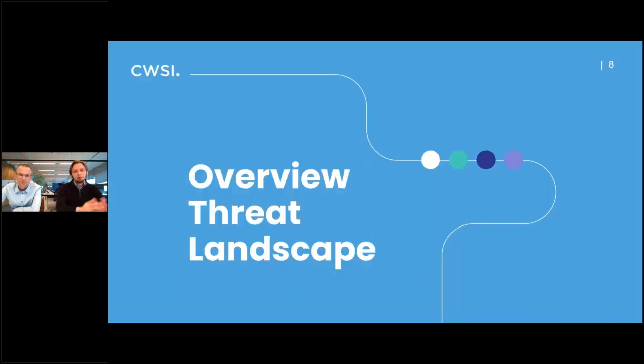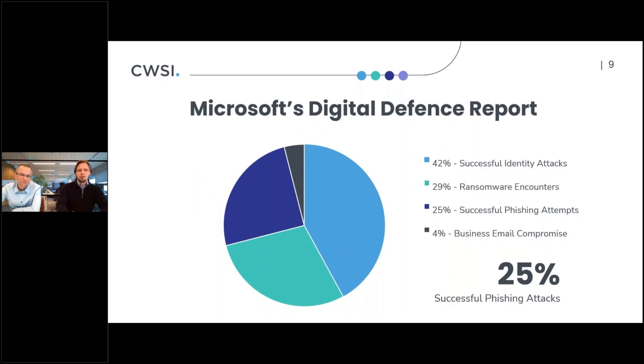So like Tim said, we first want to start with an overview of the threat landscape to give you an idea about what threats there are and why attack simulation training or security awareness training in general is very important nowadays. So just to get one grasp from the Microsoft Digital Defense Report about phishing, you can see here that 25% of phishing attempts is successful, which is a huge amount if you look at the total amount of phishing attempts that are done every day.